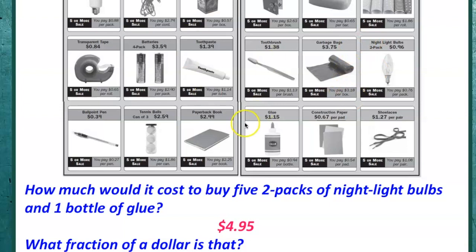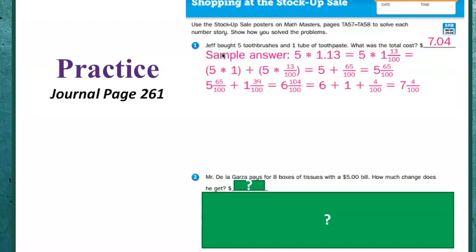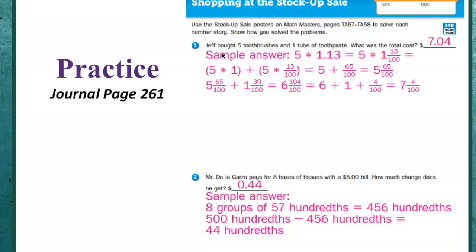So I'm going to go look at the price for the tissues. The price for the tissues is 57 cents per box. Now we're buying 8 of them. Now, if it was me, I would do 57 hundredths times 8. Now, they used words, which is the same thing as using numbers. You would end up getting 456 hundredths.